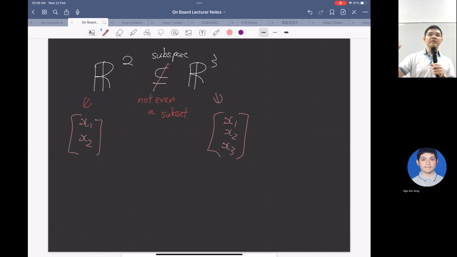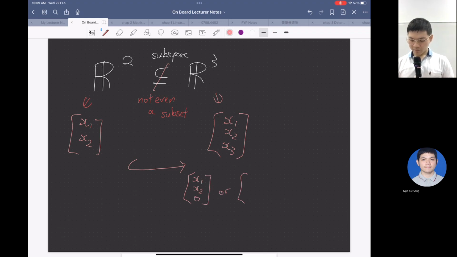But we have a concept of R2 sitting in R3. There are three ways to sit in R3. We can include it as x1, x2, 0, or x1, 0, x2, or 0, x1, x2.